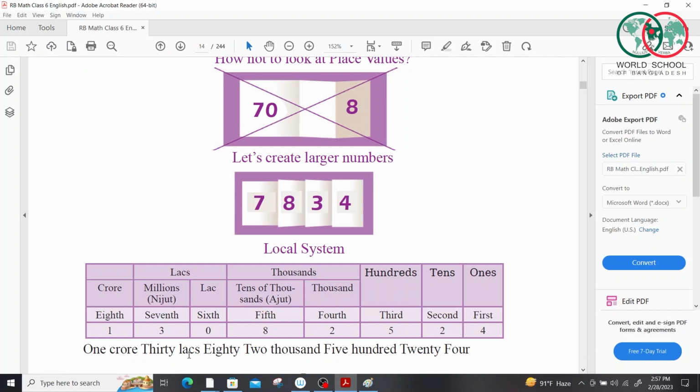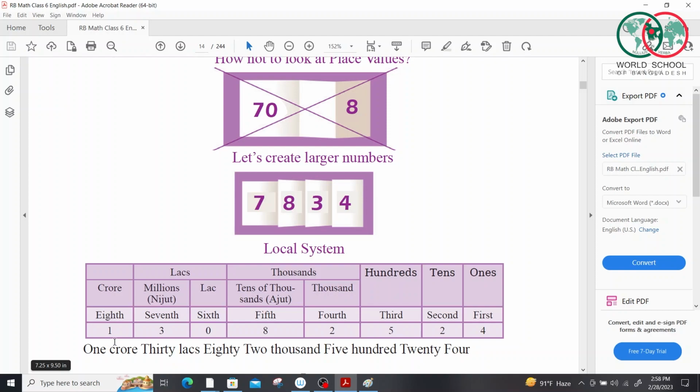So in the lakh or 6th place it will be 0, and in the 7th place it will be 3. In Bangla we call it nijut, in English we call it millions. And after that, 1 crore. So after the 10 lakhs or nijut place we get the 1 crore place.